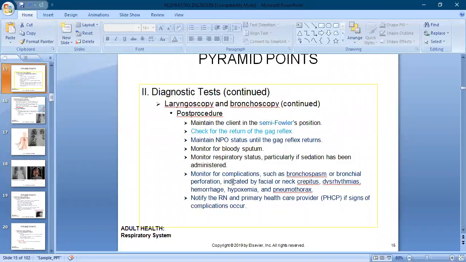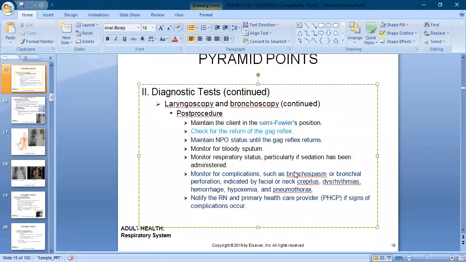Monitor for any kind of complication after the procedure, such as bronchospasm or bronchial perforation. You are using the needle there, so there is a chance of perforation, bleeding, and especially coughing up blood, or bronchospasm, constriction, where the patient has shortness of breath, indicated by facial or neck crepitus.